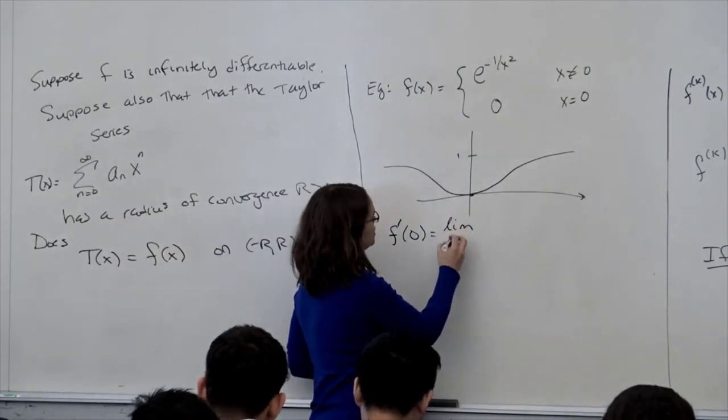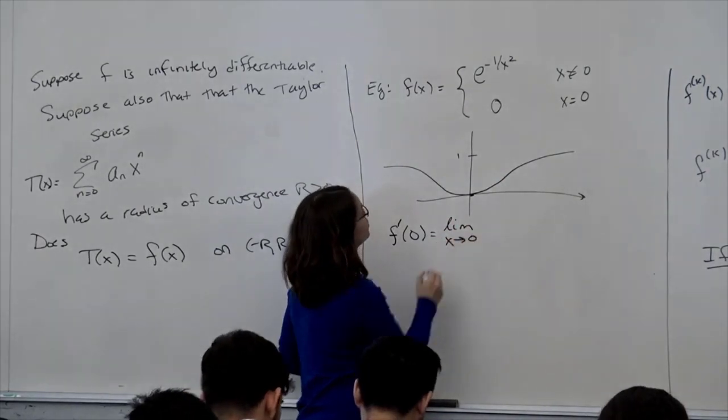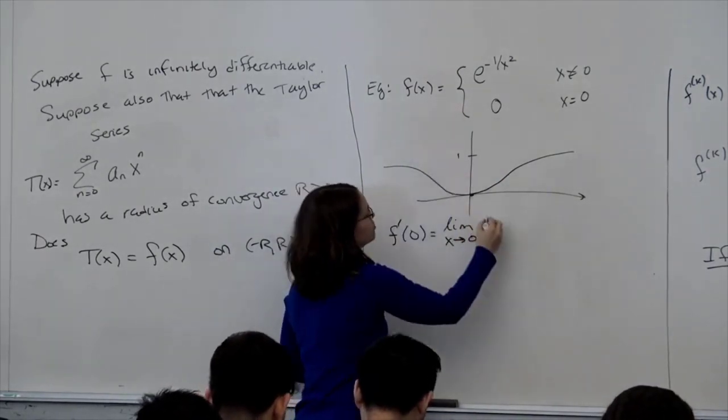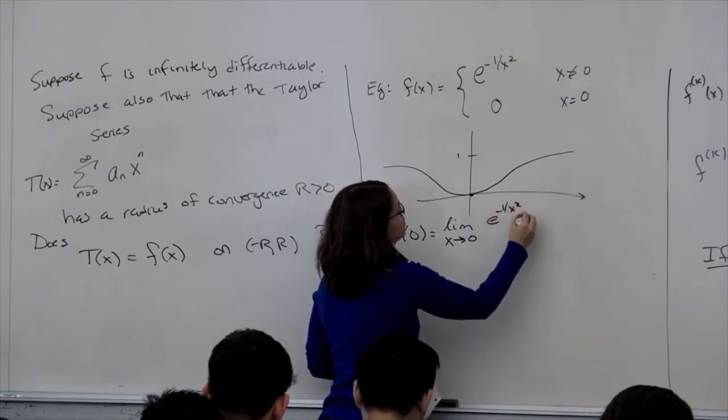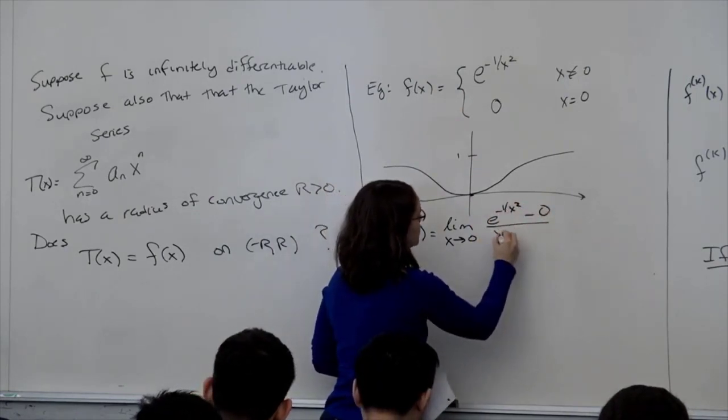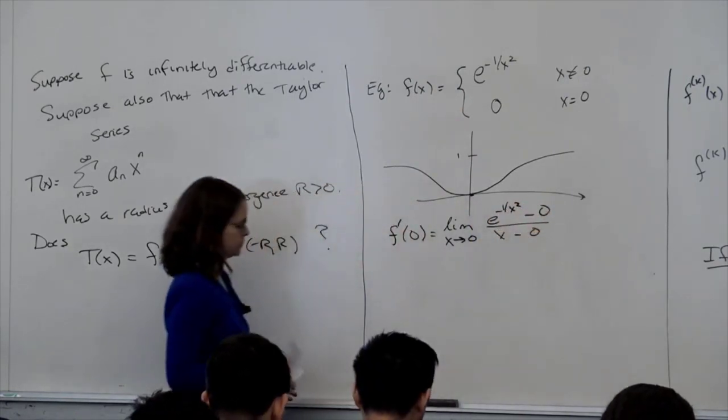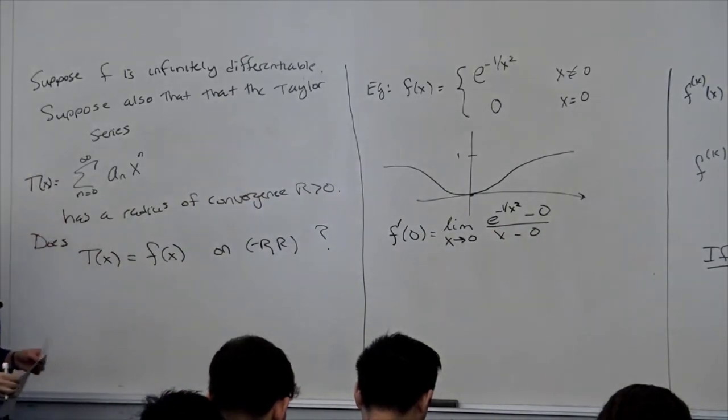There's a particular limit you have to check. So we need to check the limit as x goes to 0 of f of x minus f of 0, divided by x minus 0.